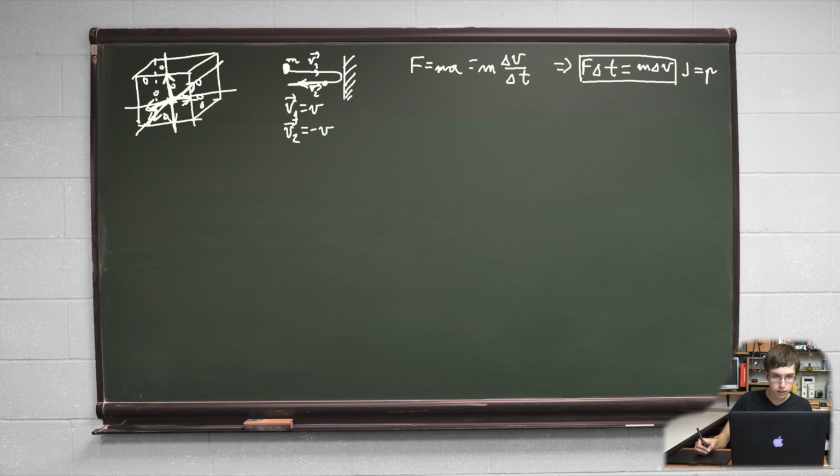We have this minus because the collision reverses direction, but the magnitude v is the same as v1, because we know that the collision has to be perfectly elastic for an ideal gas. Having that in mind, we can calculate the speed change. So delta v is v2 minus v1, and we get that it is 2v.